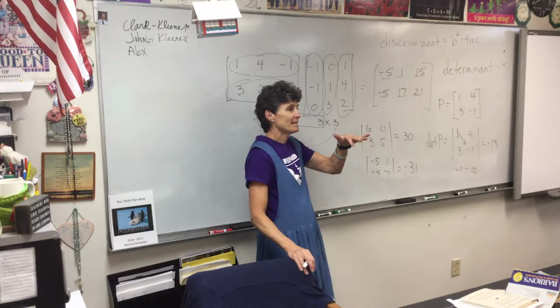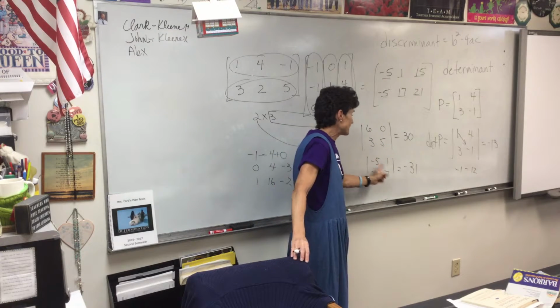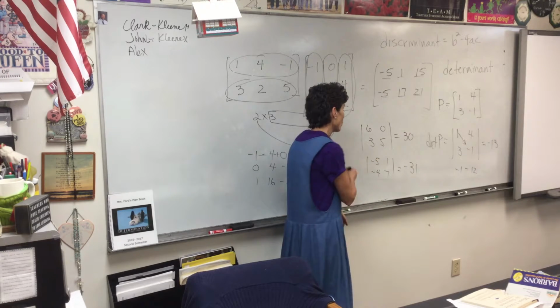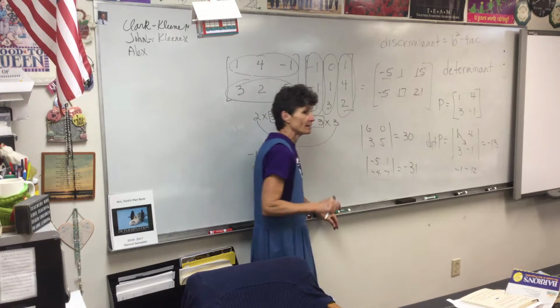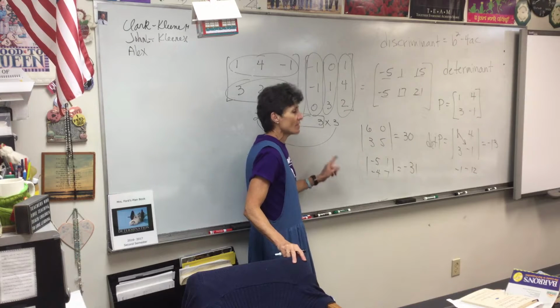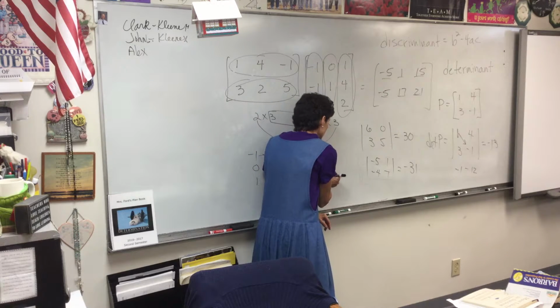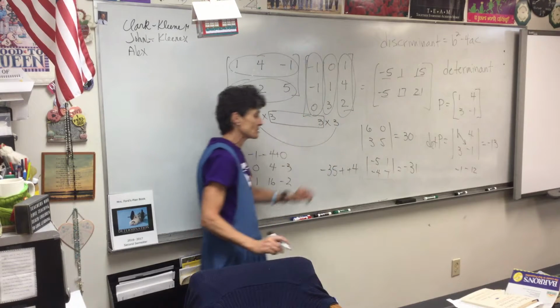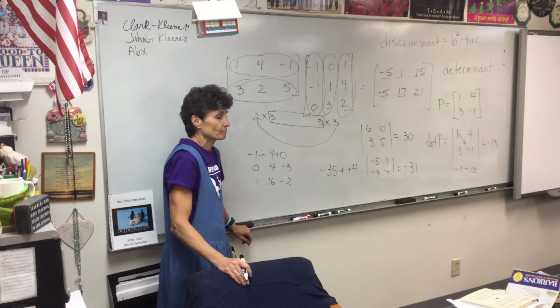Kids, the arithmetic is simple. It's this minus this. So if you cannot do it in your head, and apparently some of you cannot, then write it down. Negative 35 minus negative 4. And the answer is negative 31.